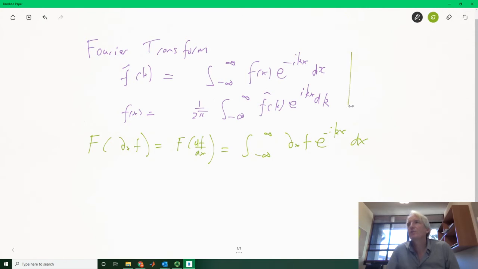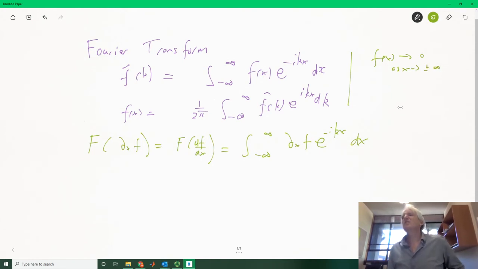We assume here that there's actually a very strong statement about what it means for this function f to be able to have a Fourier transform. But we basically assume that f of x, the easiest way to think about it, has to go to 0 as x goes to plus and minus infinity. You can easily generalize that and get rid of it.